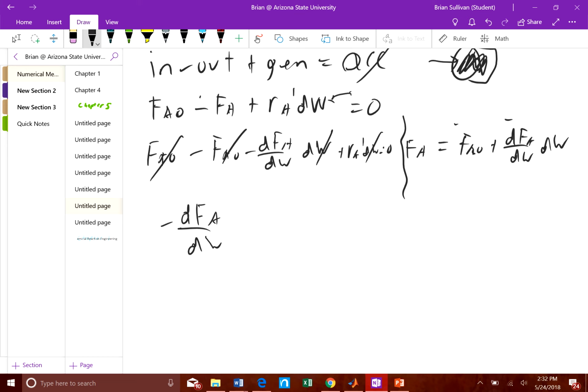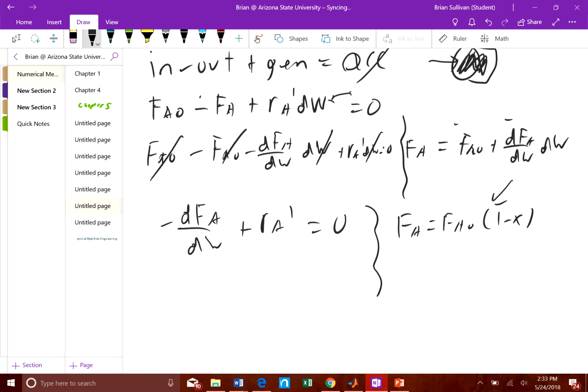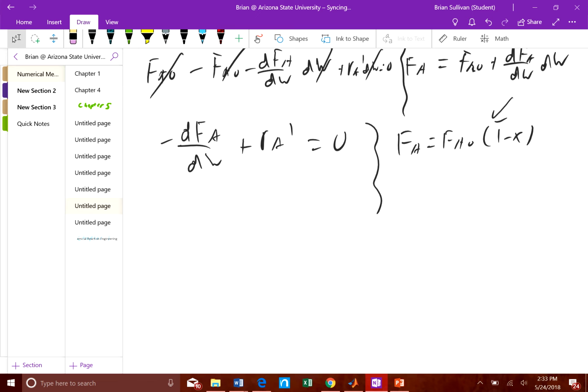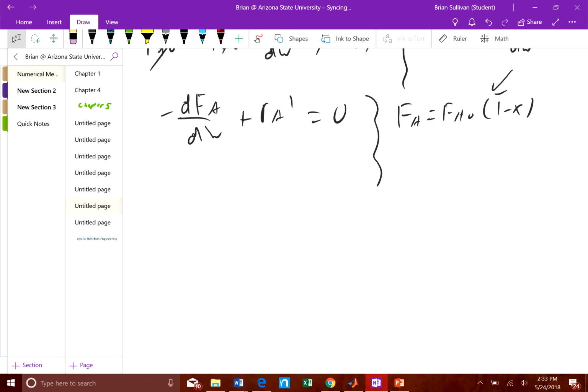Now we can introduce conversion. I'm going to show you in a second how we do that. We introduce conversion by saying FA is equal to FA naught times (1 minus X). The reason this is the case is because you're dealing with a liquid. Otherwise, you'd have an expansion factor accompanying the flow rate and all that. So for now, let's move dFA over dW to equal negative RA prime.